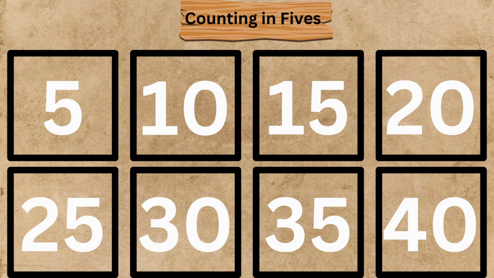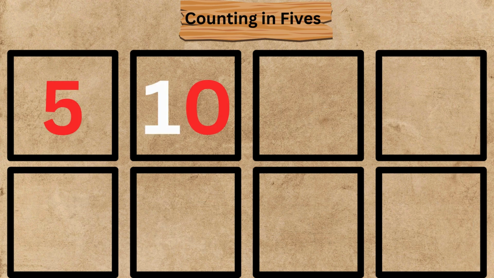There is a pattern. The digit in the ones place alternates between 5 and 0.